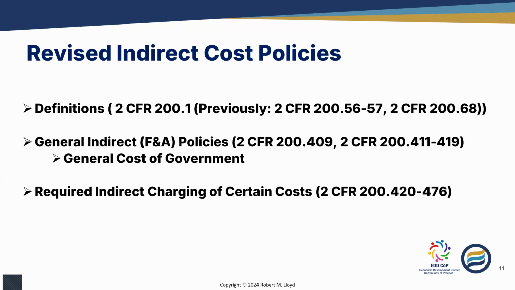But many organizations either don't have a direct relationship with the federal government or don't receive enough federal funds to warrant their negotiation of that arrangement. So how that particular situation is handled is also contained in those rules.